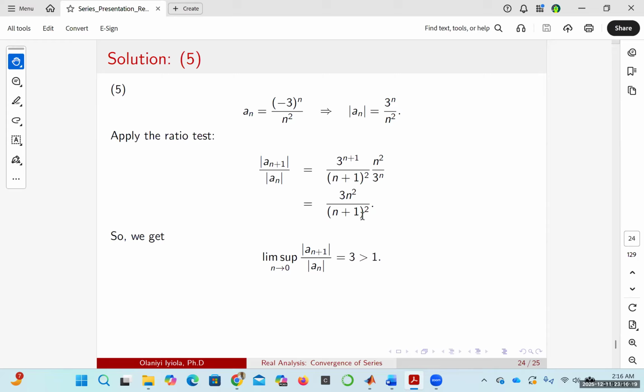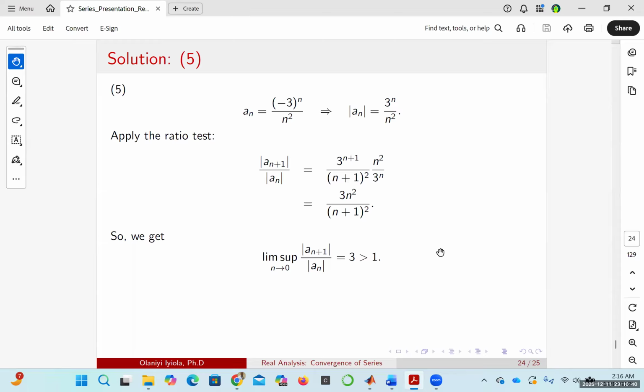All right, so by the time I take the limit of this, the lim sup, and the limit in this case is the same since the limit exists. Because I have n squared here and (n+1) squared here, the limit of this is just 3, which is bigger than 1.